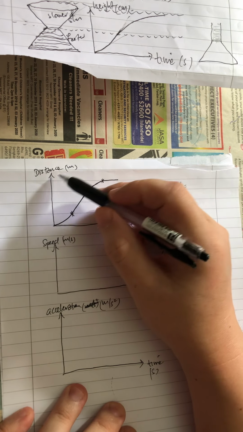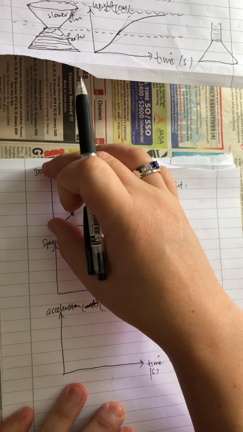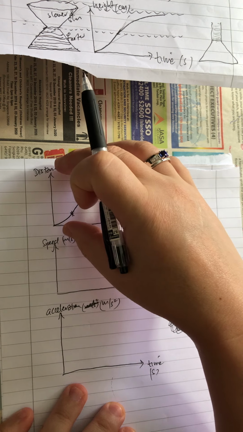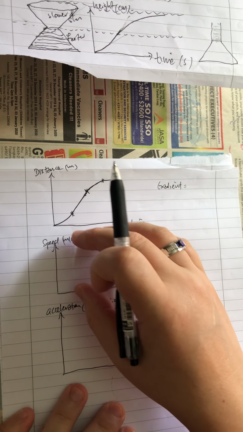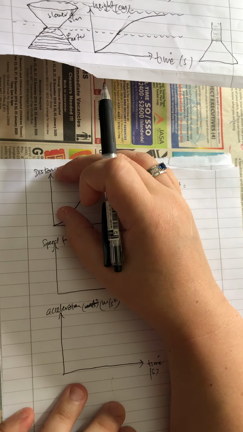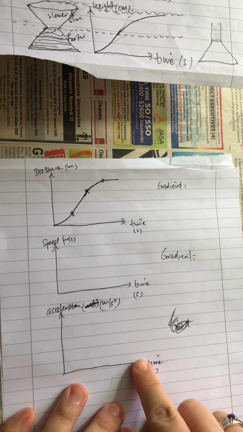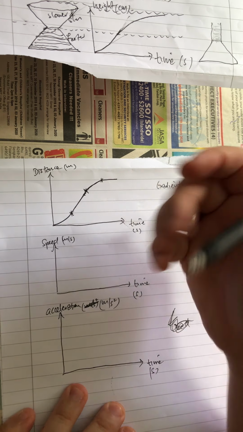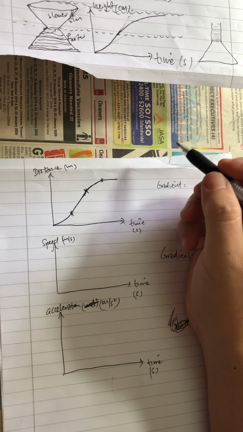In exam questions, they like to make you move from distance time graph to speed time graph, and sometimes from here to here. So you have to be able to work forward and work backwards. This is the skill that I'm trying to go through with you now.